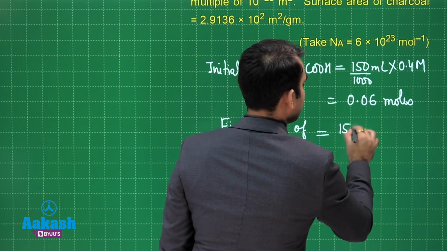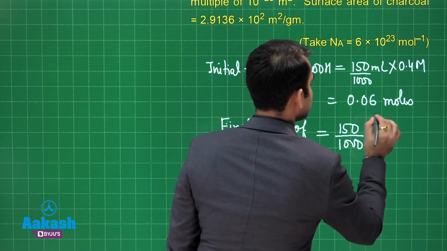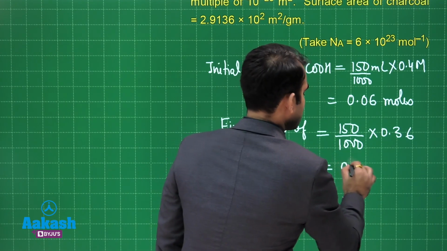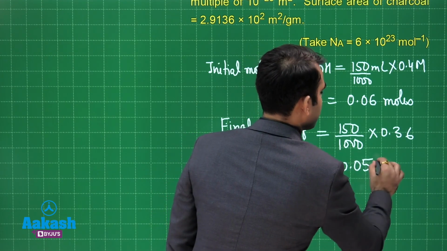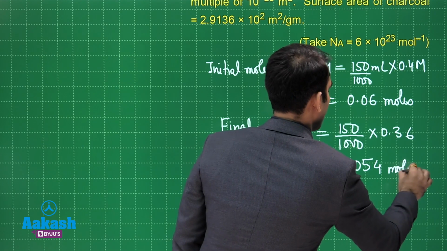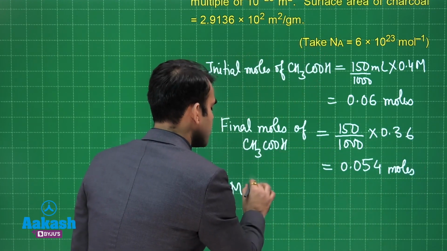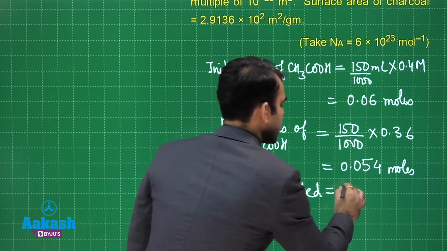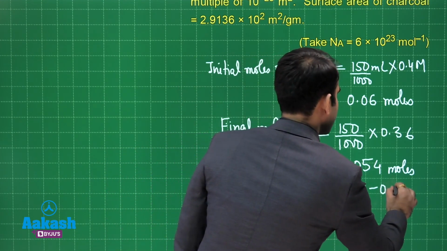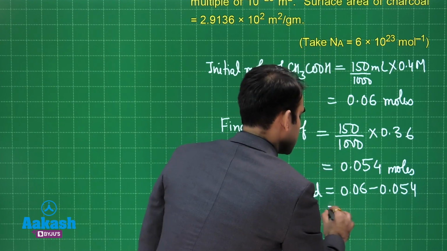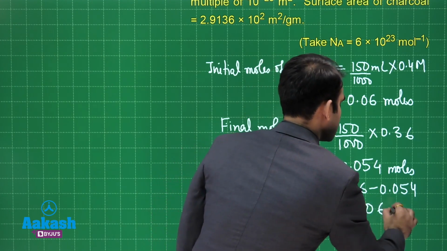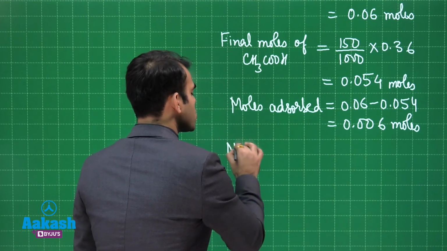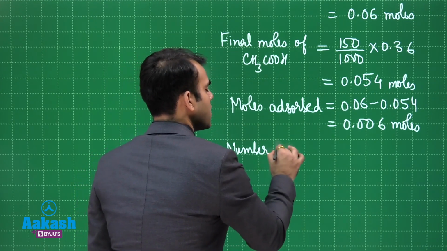So this is 150 divided by 1000 into 0.36, and this value is 0.054 moles. So moles adsorbed is basically 0.06 minus 0.054, that is 0.006 moles.